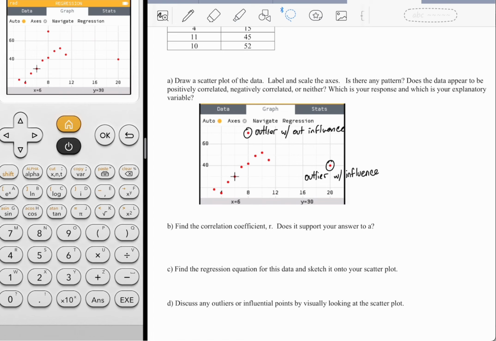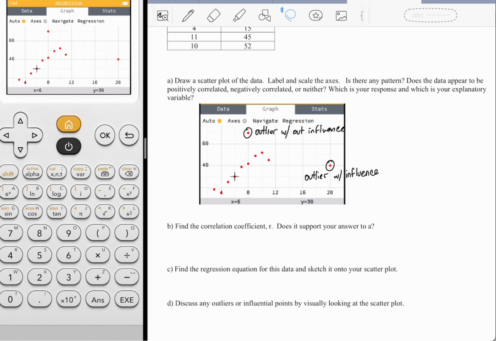Now, first thing they're asking us to do is, aside from the scatter plot, determine if there's a pattern. Does it appear to be positively or negatively correlated? Well, you consider it mentally as if the outliers aren't there.